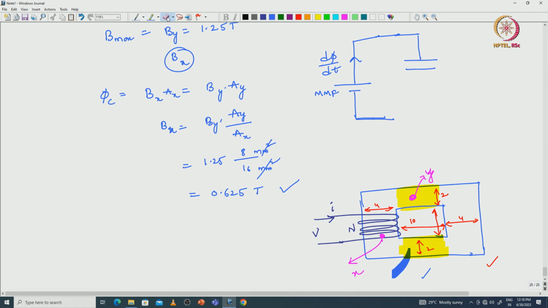So, the magnetic path lengths are different in all these regions. First, I will start with the x region. There will be some capacitance with respect to this x region, this side.